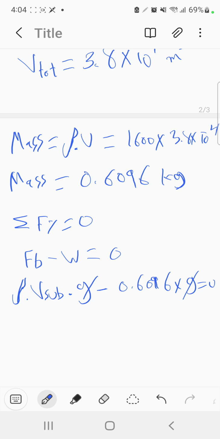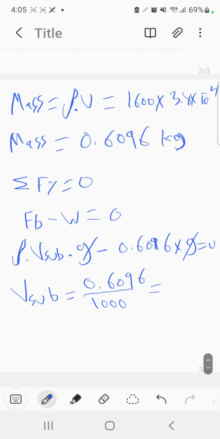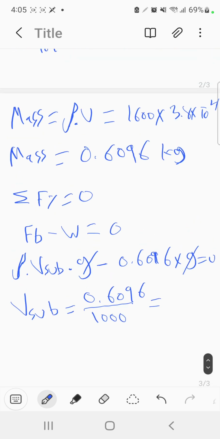We know gravity is going to cancel, so we need the V submerged, which we don't know yet. V submerged is going to be 0.6096 over 1000, because it's the density. So we're going to get this value, 6.096 times 10 to the power minus 4 cubic meter.